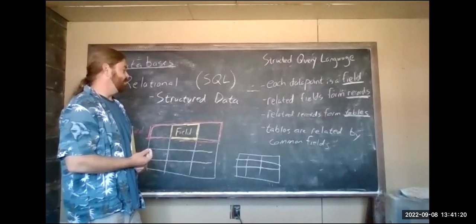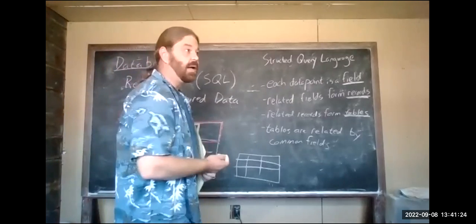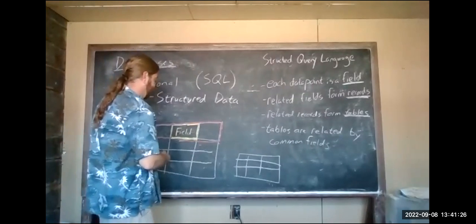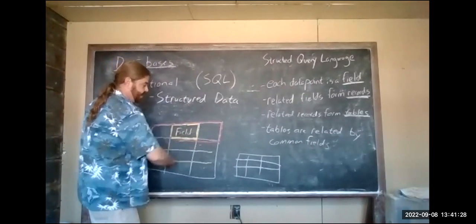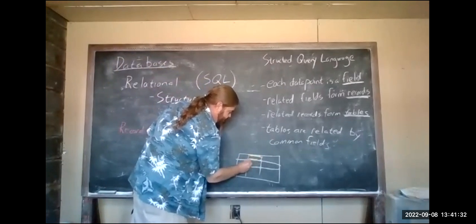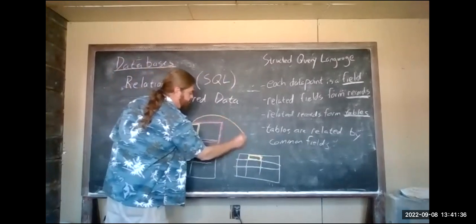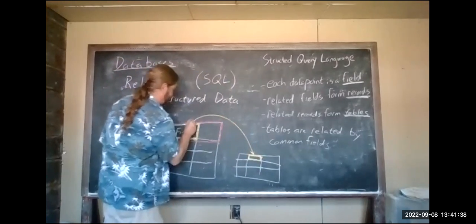We want maybe an extra little number as an ID number to keep track of each individual record, and each gets its own ID. And we could duplicate that data over in another table, and that gives us a way to connect those.